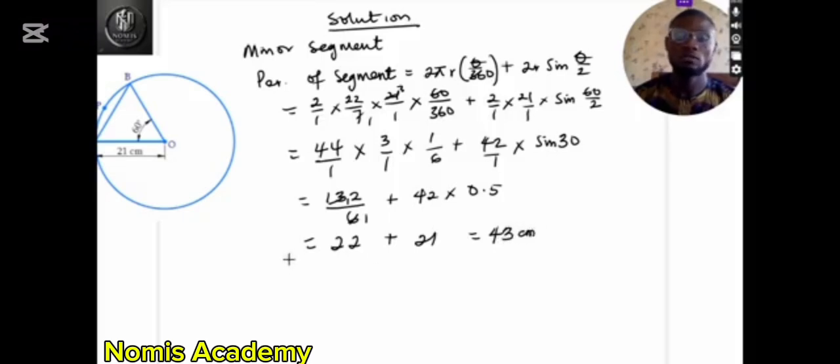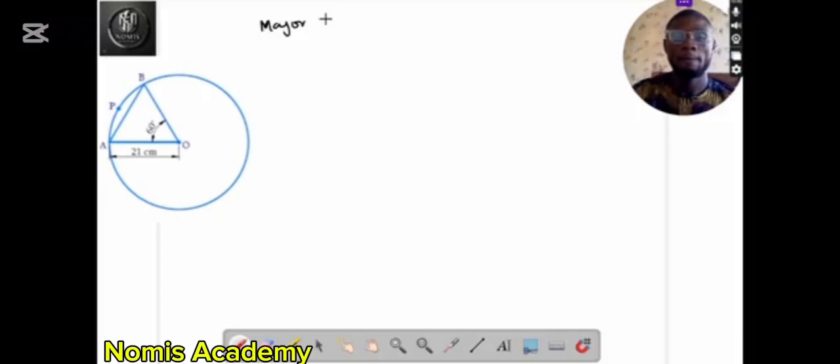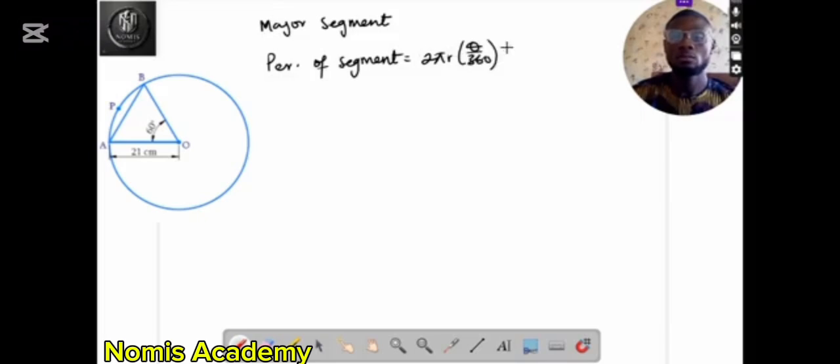So let's calculate for the major segment. The major segment. So we just say that the perimeter of a segment is equal to 2 pi r open bracket theta all over 360 plus 2r sine theta all over 2.